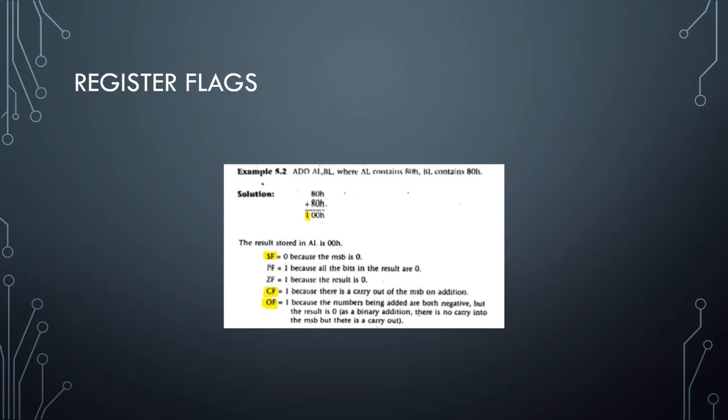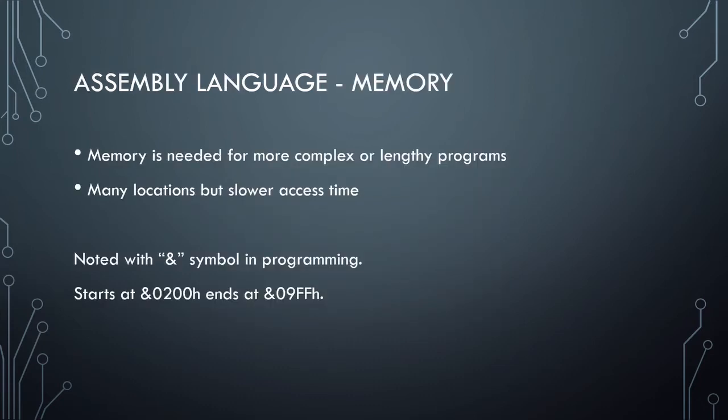There's also a zero flag thrown because the result is 0, and the parity flag is thrown as 0 as well. So we can kind of see how all of these different flags would be thrown based on the result. So we talked about registers, but we also have memory available to us.